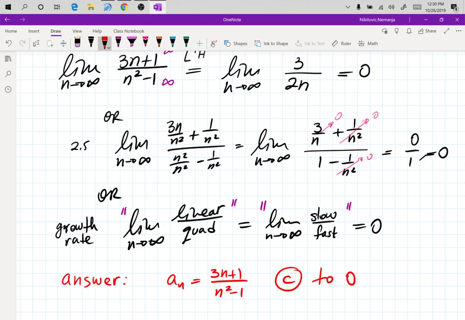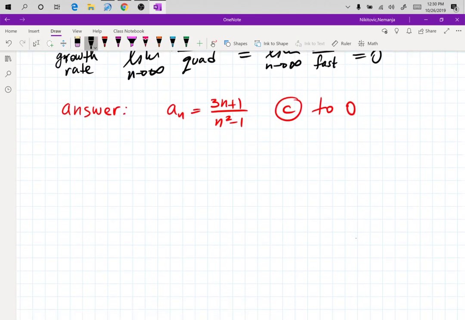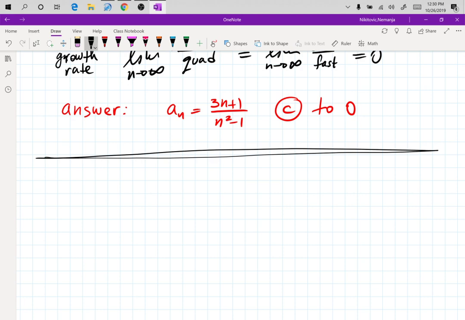And no one cares which way you took the limit. So whatever makes you happy, I just need that 0 at the end. Converges to 0. Next example. At this point, I'm just going to put a whole bunch of these from the textbook.